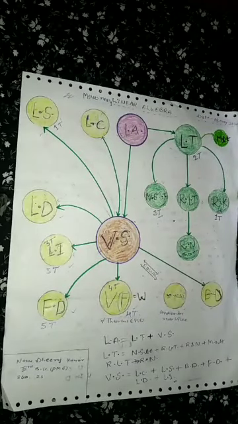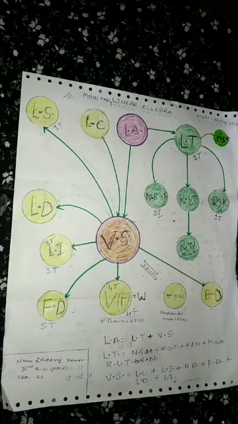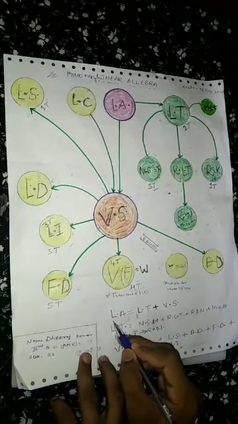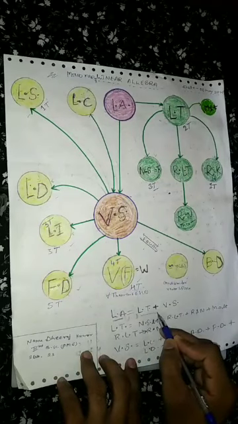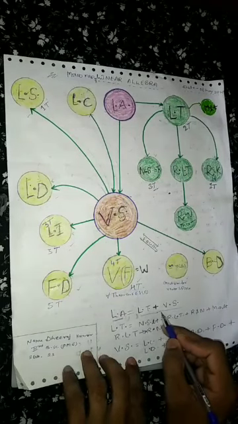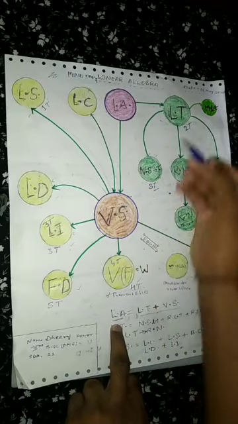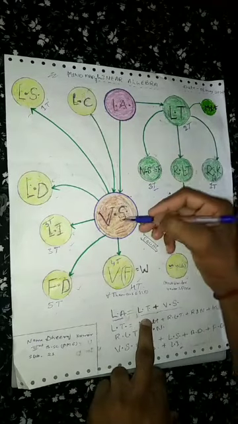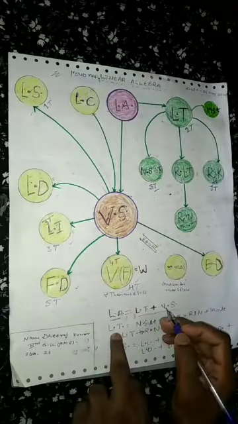Now we are over with linear transformation, and what we studied is all about the map of linear algebra. Here we can also remember linear algebra as divided into two different parts, LT and VS. LT means linear transformation, VS is vector space.